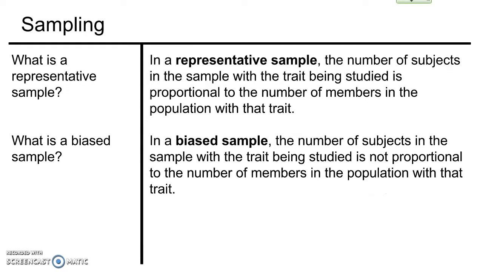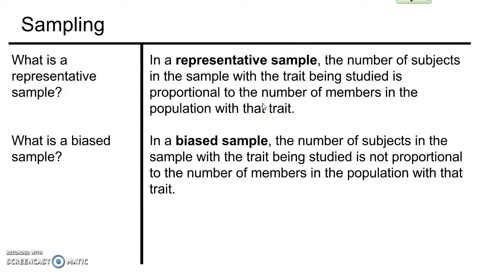All right, and then if you remember, our samples are either going to be representative or biased. Representative is when the number of subjects in the sample with the trait being studied is proportional to the number of members in the population with that trait. So with a representative sample, it is fair. It represents the population.